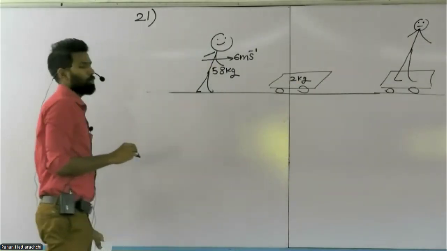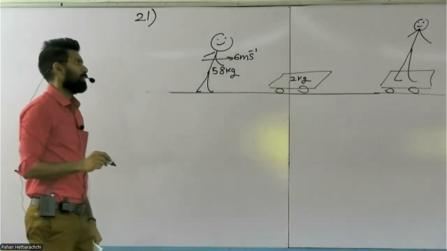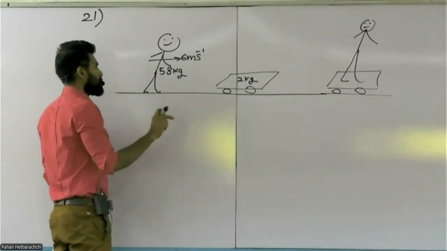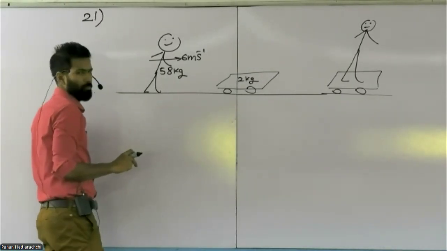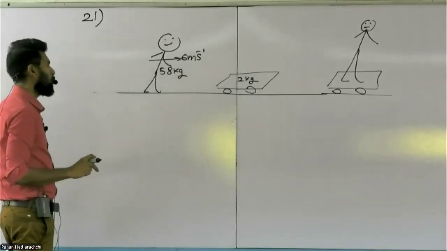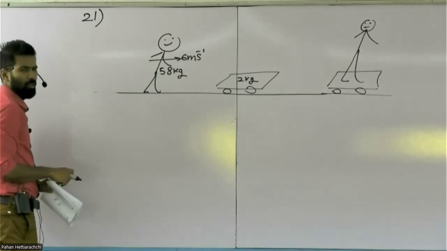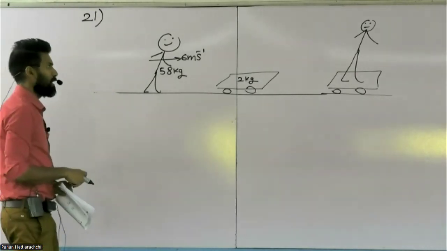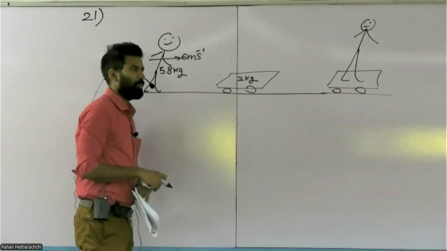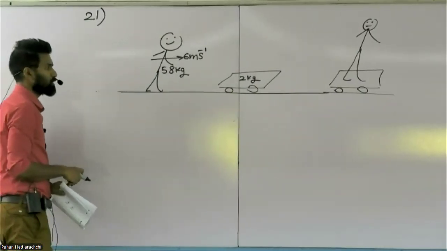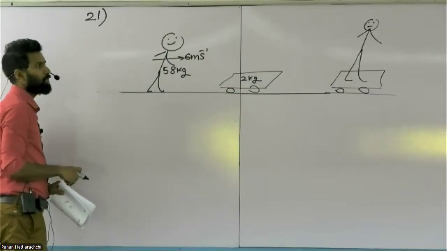Now we are in the horizontal direction. They haven't mentioned the frictional forces on the surface, so I'm neglecting them. Weights and the normal reactions are vertical, they will not affect the horizontal. When the athlete jumps onto the trolley, there will be forces on him upward, and forces on the trolley downward at that collision.